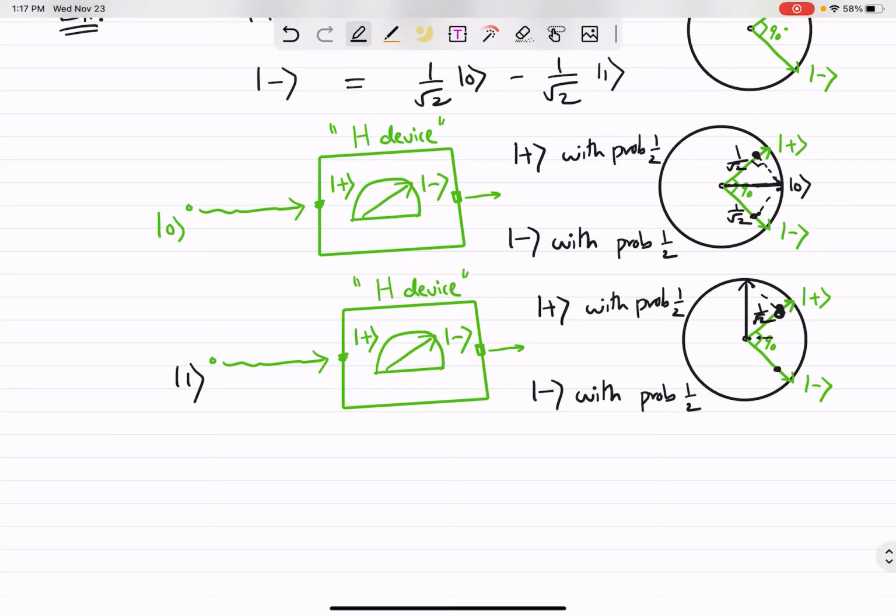Again, you can calculate these by cosines and sines. So you end up with the same outcome. So for this measuring device, 0 and 1 look exactly the same, right? For the horizontal measuring device, plus and minus looked exactly the same. You only see 0 with probability half or 1 with probability half earlier, whereas here you see plus with probability half, minus with probability half.